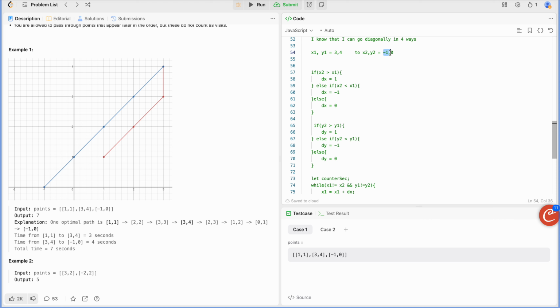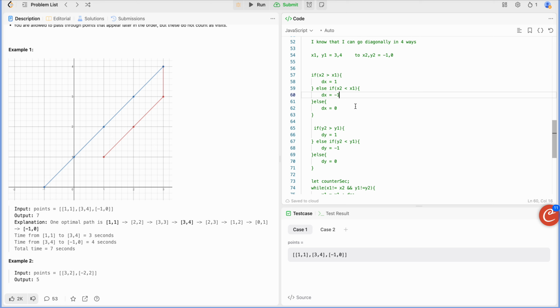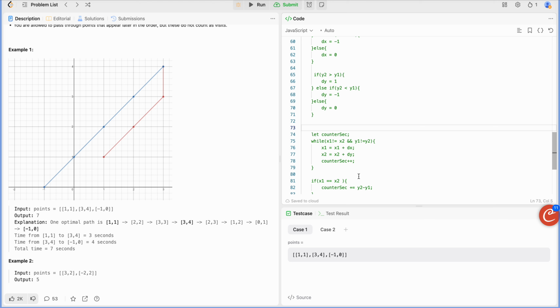Since x2 is -1, it is less than 3, right? So in this case dx is equal to -1, because it is decreasing. Y2 is less than y1, so dy is also -1. So in our example, dx is equal to -1 and dy is also equal to -1.